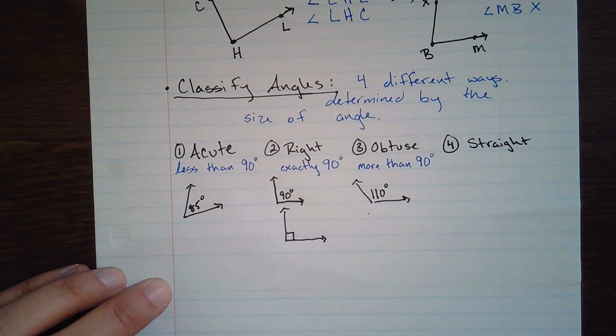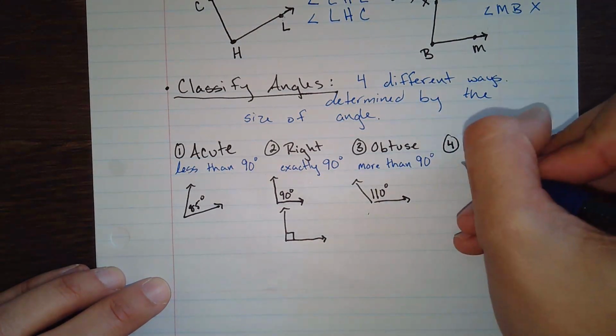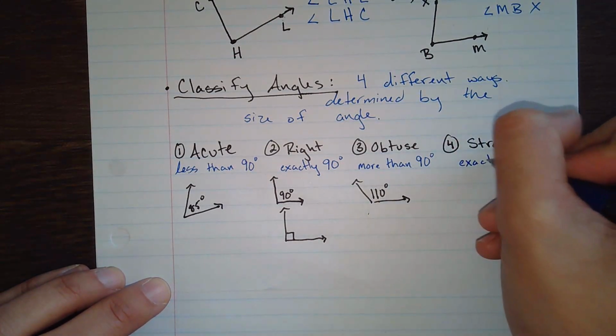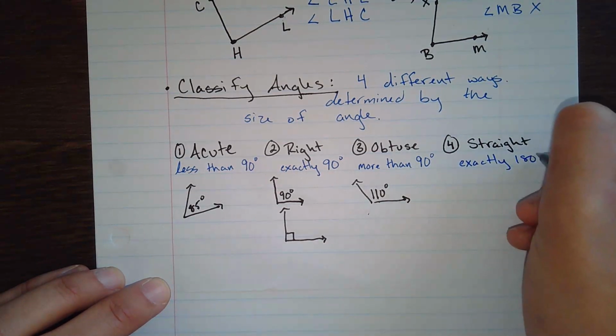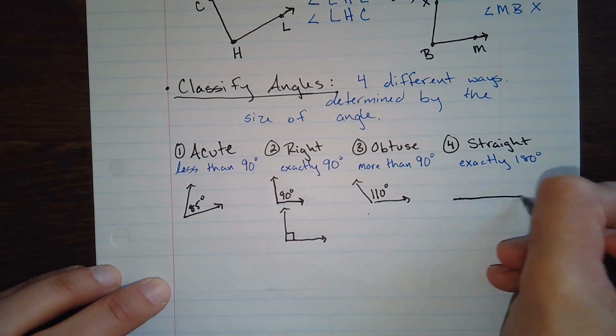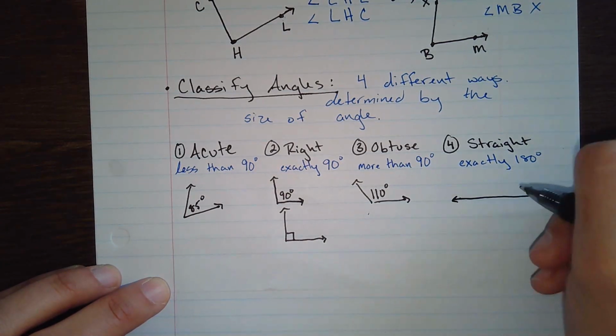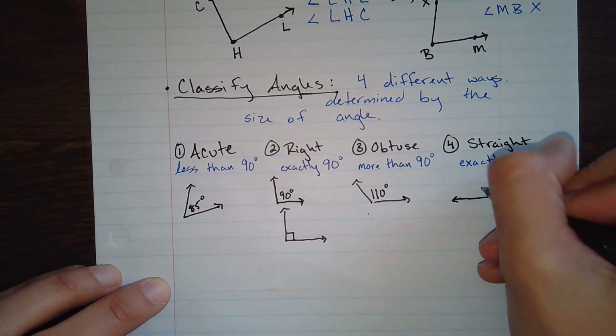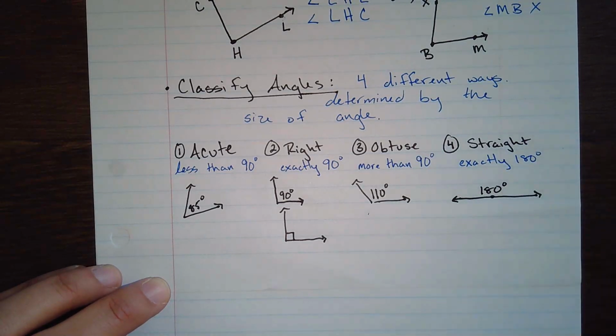And then the last thing that we have is a straight angle, which is exactly 180 degrees. So it looks just like this, looks just like a line.